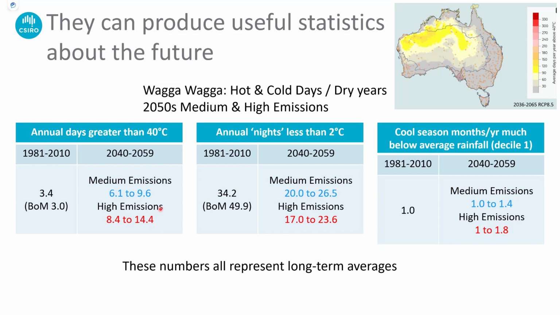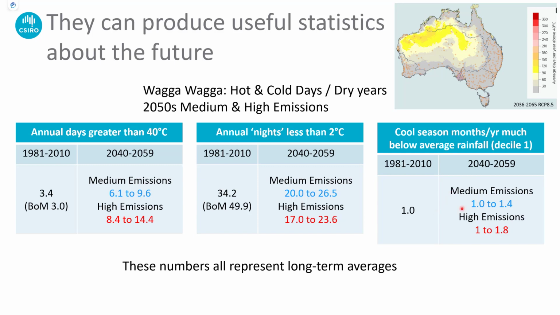That's a big increase. If we look at the number of nights when the minimum temperature drops below 2, in the historic data set, that's 34.2. The Bureau gives a slightly higher number, but the medium emissions numbers are from 20 to 26.5, and the high emission numbers lower again. We're seeing a reduction in the number of nights where it gets cold, 17 to 23.6.